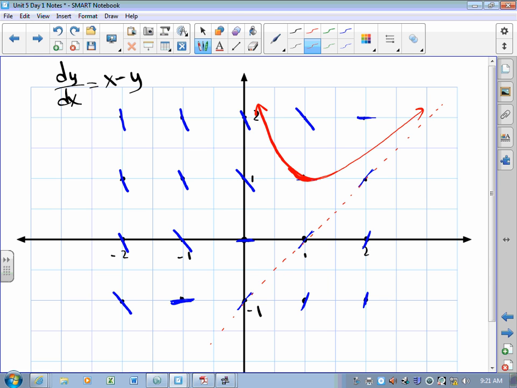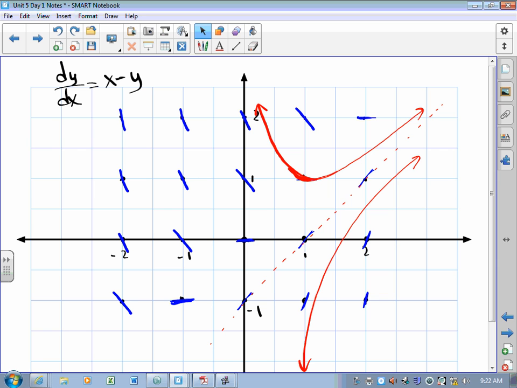It's hard to tell how it does that on the south side, so I'd have to plot more points to figure out. If I were making a guess, I would say that it shoots up like so, but I can't confirm that because I only have a few pieces of tangent line to help me out there. So, big picture.